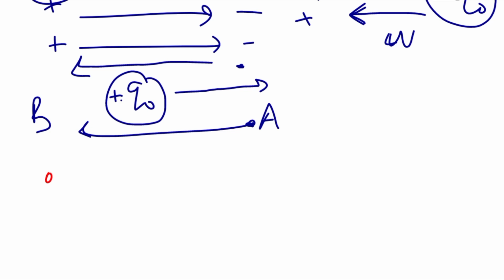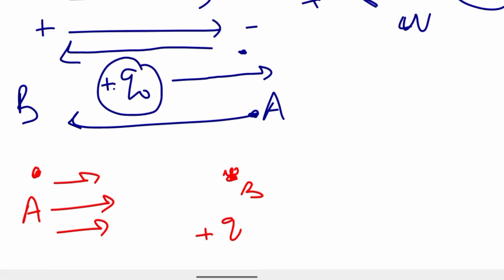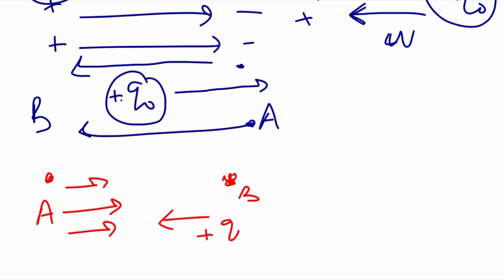So when we have a point A and a point B, the work that needs to be done to move this charge, because the charge is giving us an electric field as we explained the other time. If we're trying to move a charge which is also positive, which should be going this direction, but we are not making it go this direction, rather we want it to go this direction, then it has to be repelling, there has to be some force happening, so there has to be work done.